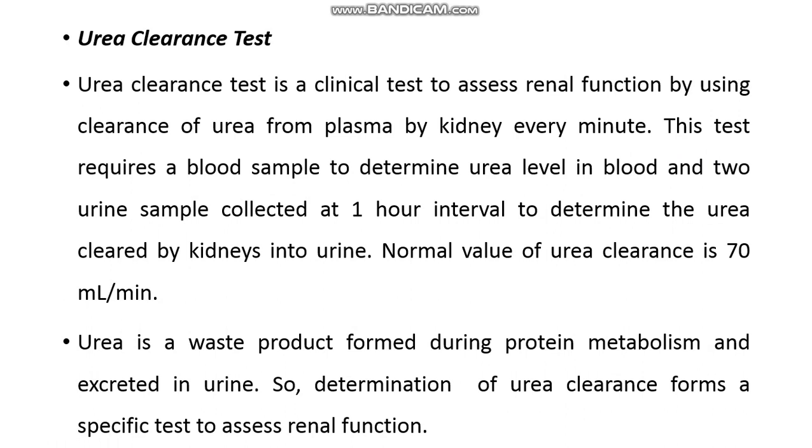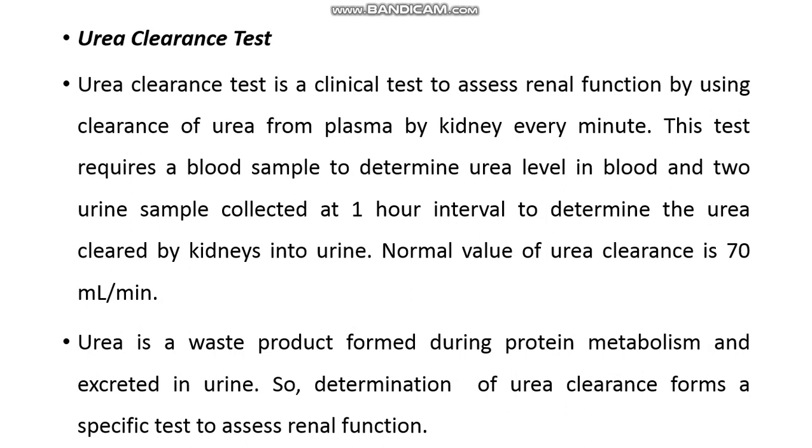So for doing this test, a blood sample is required. In the blood, we will measure how much urea is present, that is the plasma level of urea. Then next we will check the presence of urea in 2 urine samples which are collected at 1 hour interval.